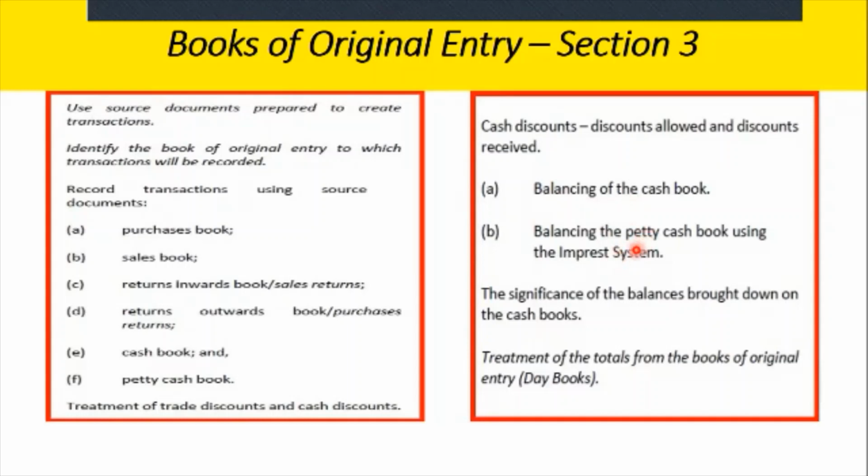Same for the petty cash book and the imprest system. The significance of the balances brought down in the cash books, right? It means the money you have left over for the next month, and the treatment of totals on the books of original entry, the day books, how you transfer them into the control accounts and the accounts in the general ledger.